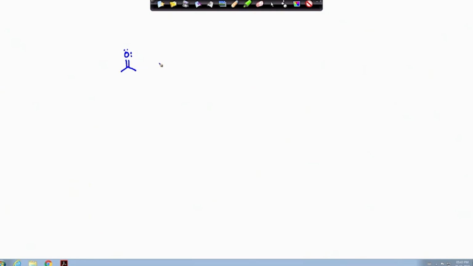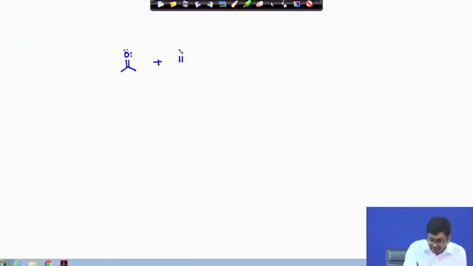Now, if we take the corresponding diazo compounds, in the presence of different transition metals these diazo compounds can nicely form the carbenoid species.